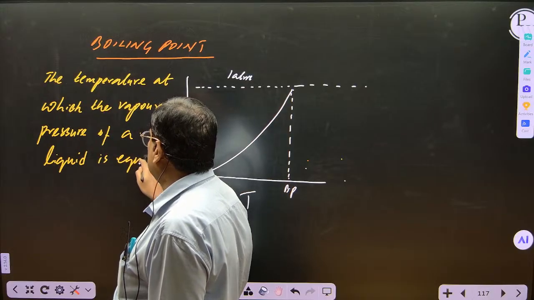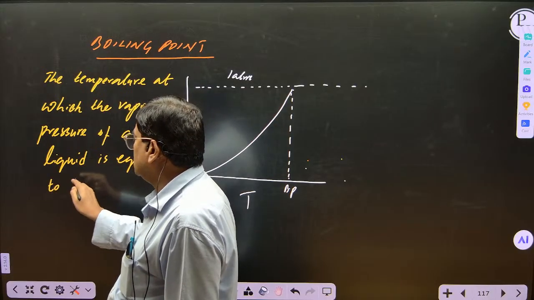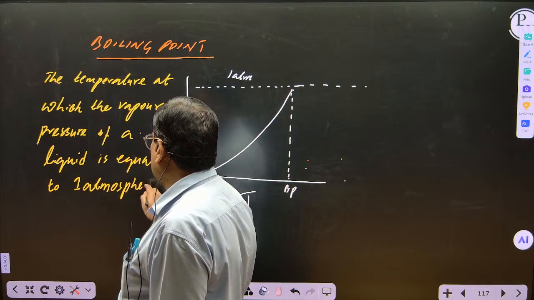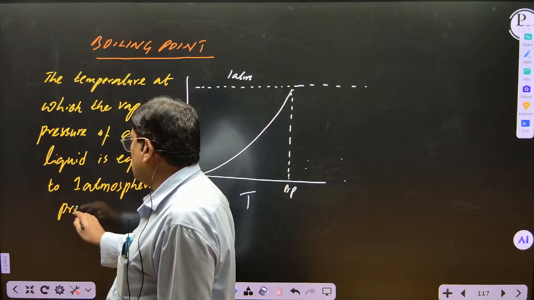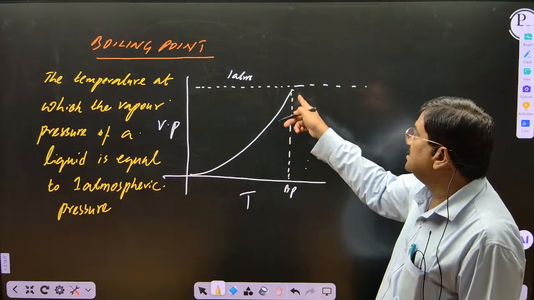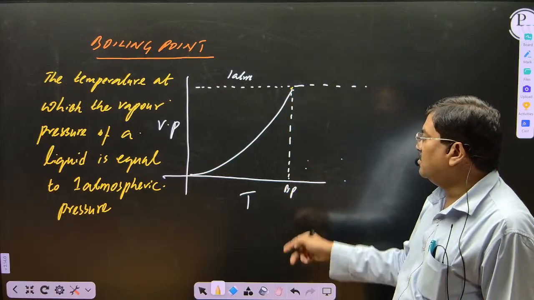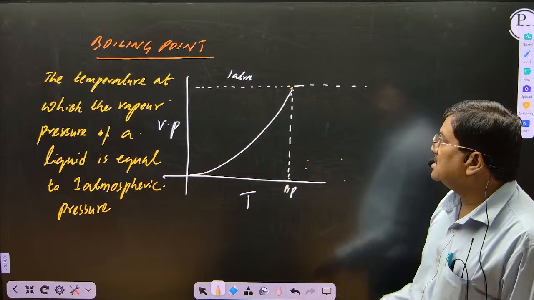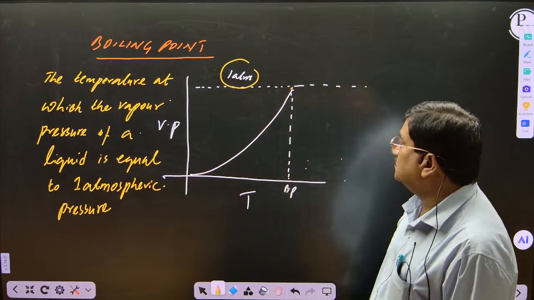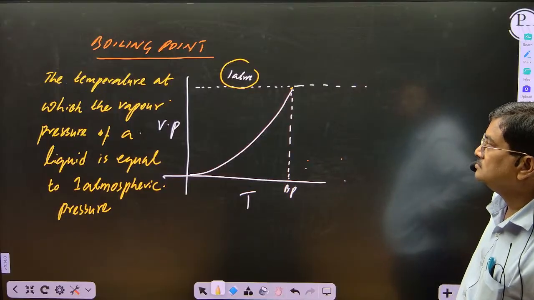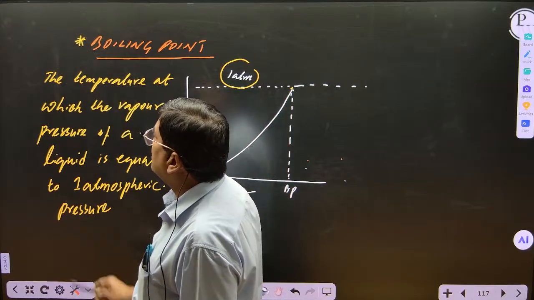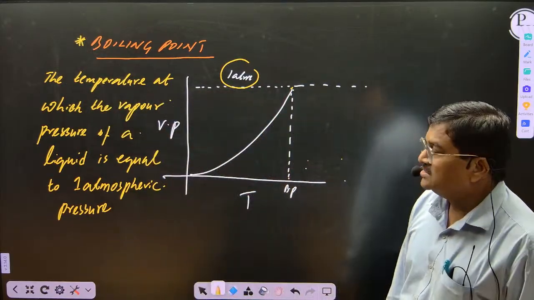Is equal to 1 atmospheric pressure, no. And that point we are calling BP. See, this is the point where my liquid will boil because its pressure is coming to how much? 1 atmosphere. And this is important. It's star mark for boiling point. In exam, conceptually they ask you graphical approach.